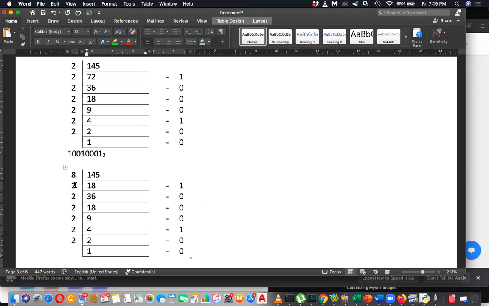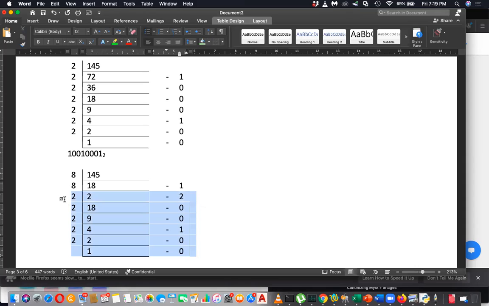And again divide by 8, you have 2, remainder 2.